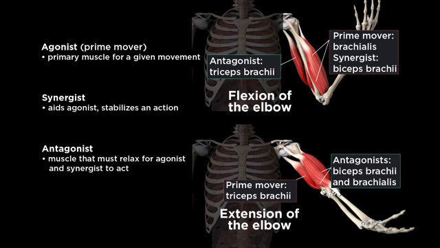I should mention that the antagonist's role is not just in relaxing. It also helps prevent injury by not allowing excessive action of the prime mover. As we'll see throughout the course, antagonistic pairs often flank either side of the joint they move, and an understanding of origins and insertions is crucial to understanding muscle action.